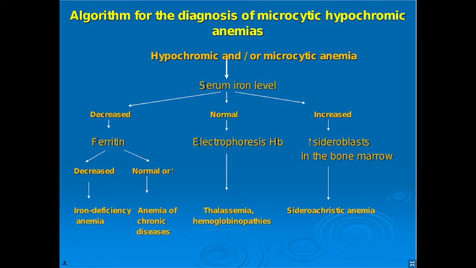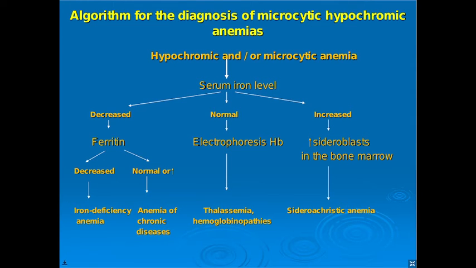Algorithm. The necessary steps to differentiate between all anemias depending on the pathological mechanism. When we see that the patient presents with hypochromic, so color index decreased, MCH decreased, MCHC decreased, and or microcytic anemia, MCV decreased, next we must take a look at the serum iron.